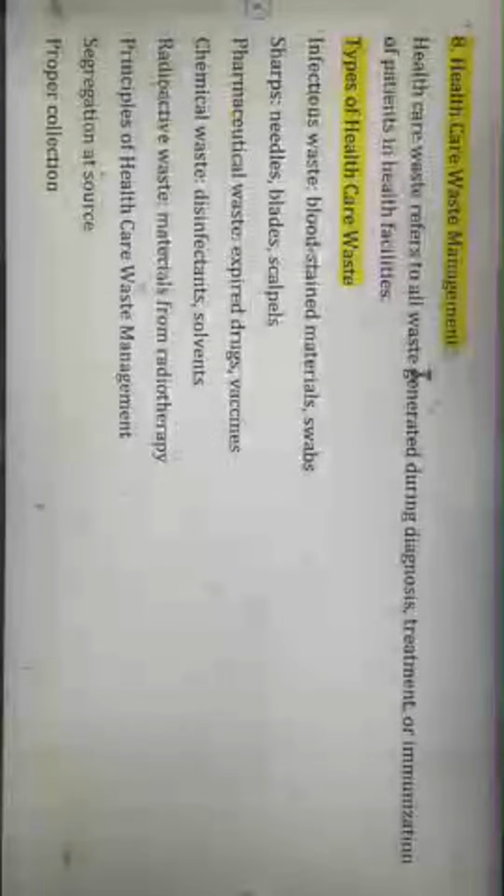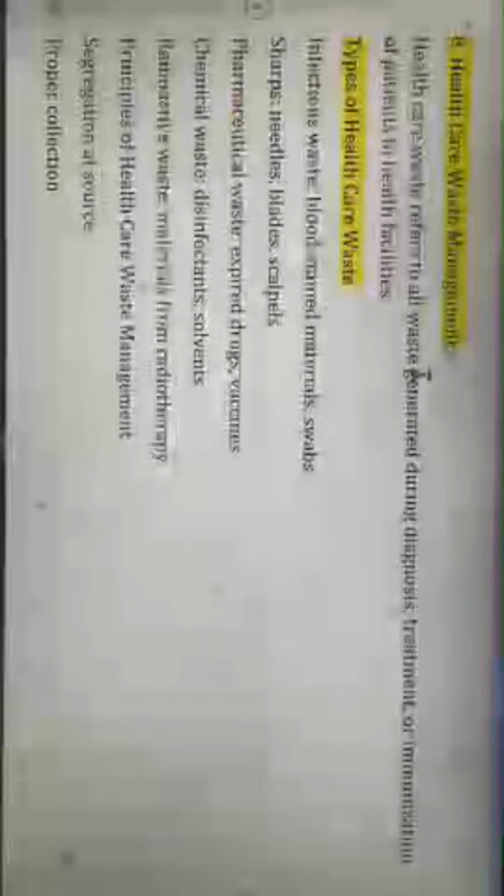So, healthcare waste management. I believe you're having exams next week, so I believe you've all read. Read this adequate water supply very well.